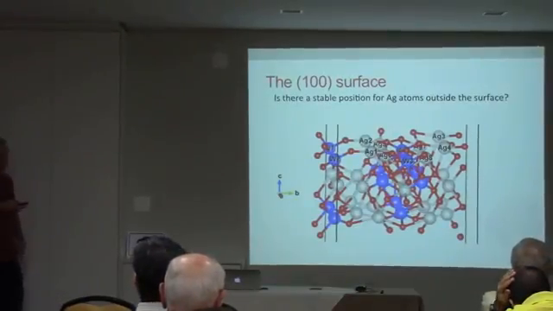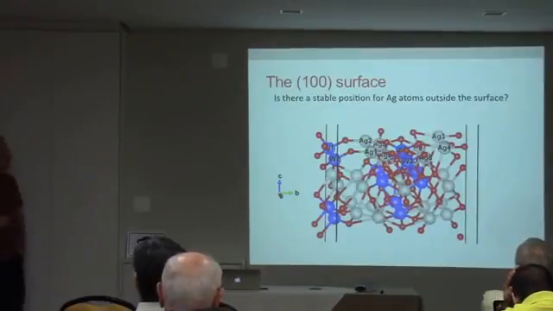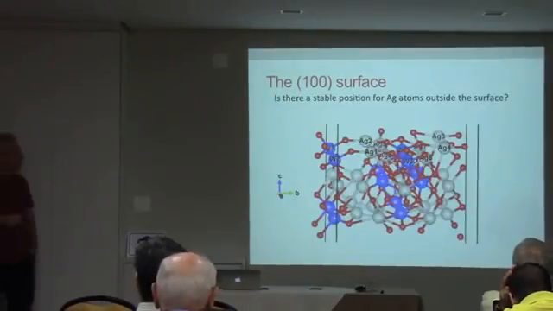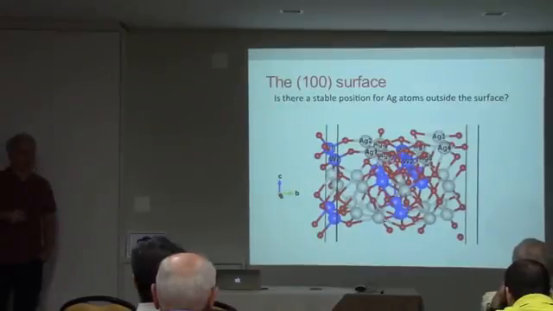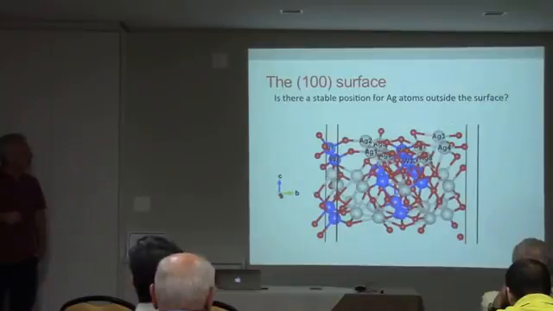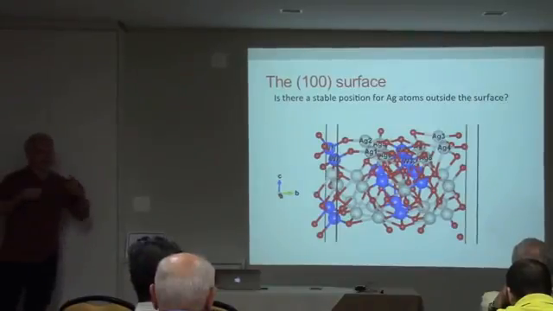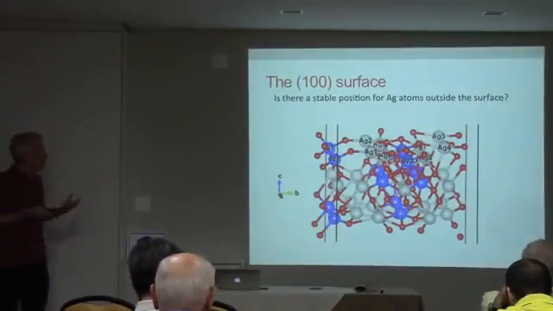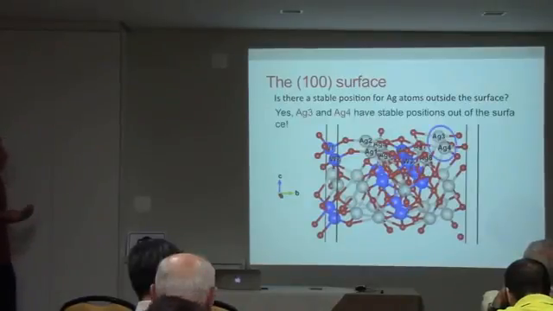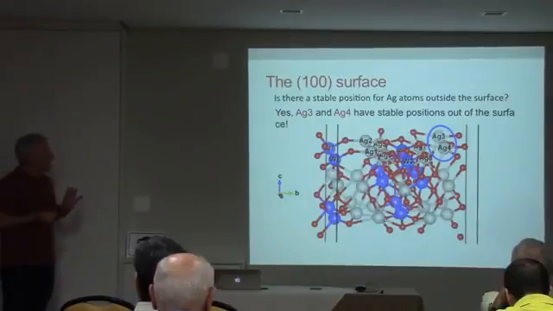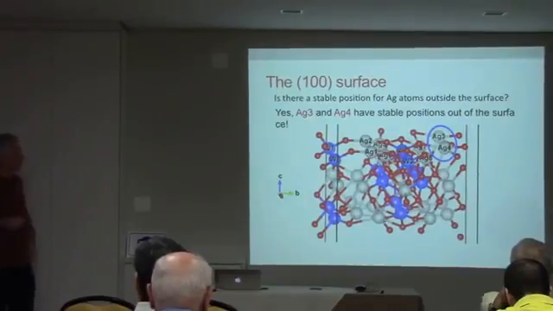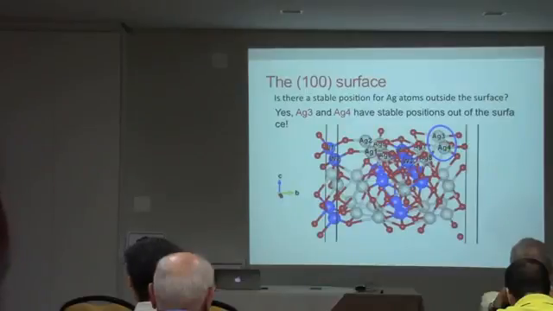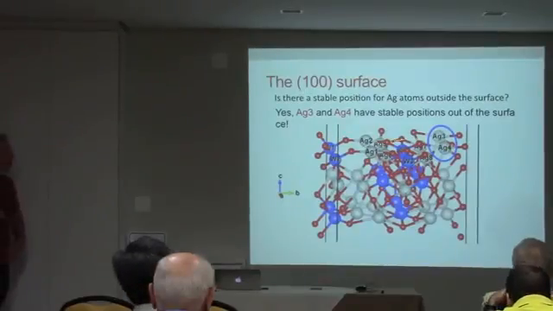First of all, we try to see if this silver atom can exit the surface, if they can just diffuse outward and initiate this process. To do this, the first thing is to find a stable position out of the surface, and we find that not all of the silver atoms behave in the same way.